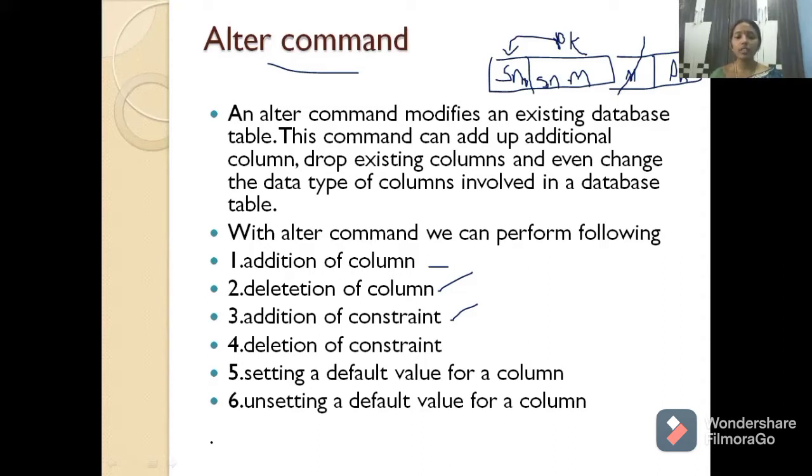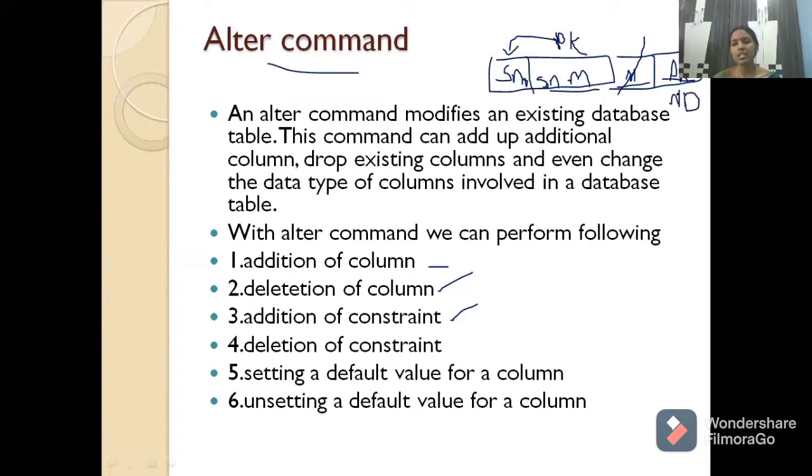Next, setting a default value for a column. For example, whatever the student name is given, whatever the marks are, whatever the phone number is. Some persons may not have mobiles, not in this generation, right? For example, I want to set the default value as no mobile.